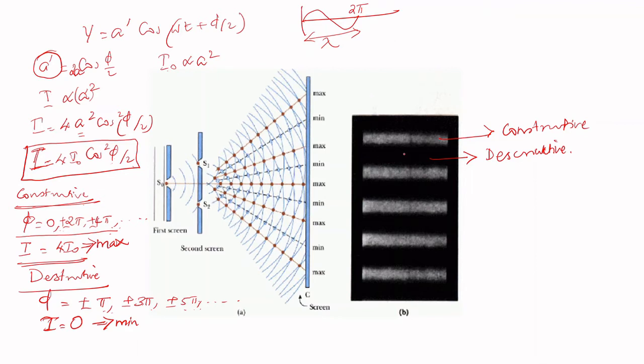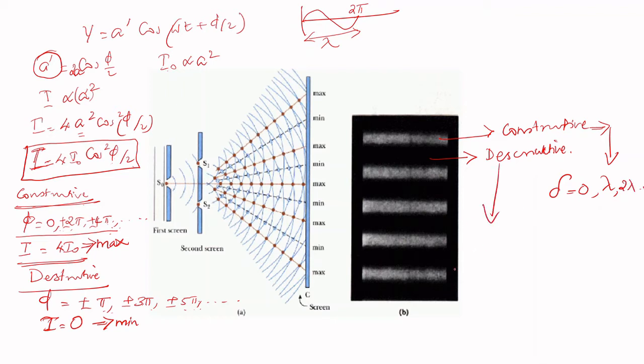For constructive interference, we can take the path difference delta is equal to, how much we will say, like 0, 2 pi, 4 pi, etc. That means 2 pi corresponds to 1 lambda. So 4 pi corresponds to 2 into 2 pi, that means 2 lambda, etc.